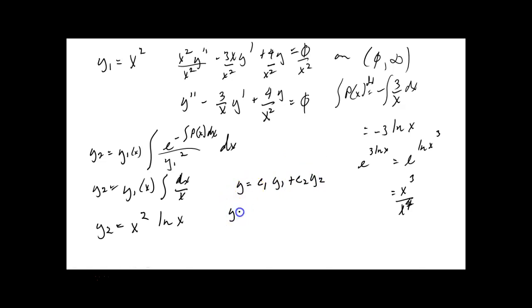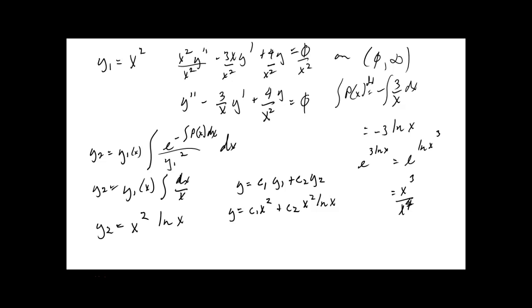So your y is equal to c1 x squared plus c2 x squared log x. There's your general solution. Don't need any other plus c's or anything else, because those are your constants.